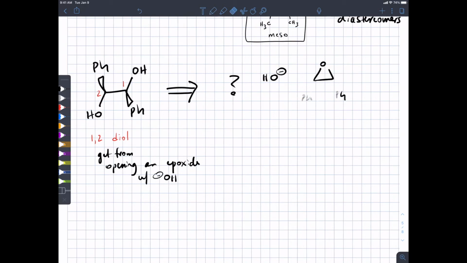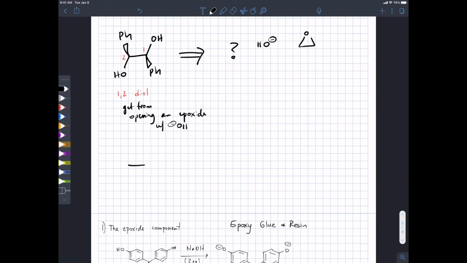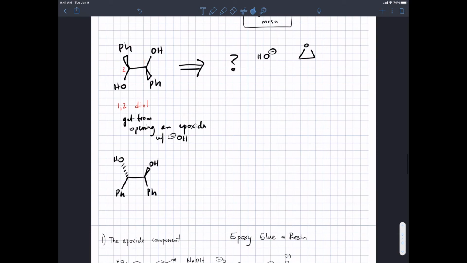Maybe it may help if we redraw the 1,2 diol in a way that maybe makes the relationship a little bit clearer. Later on, if you want, you can assign R versus S to convince yourself that those two are the same molecule.